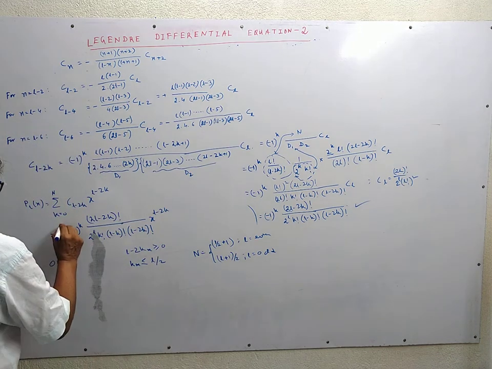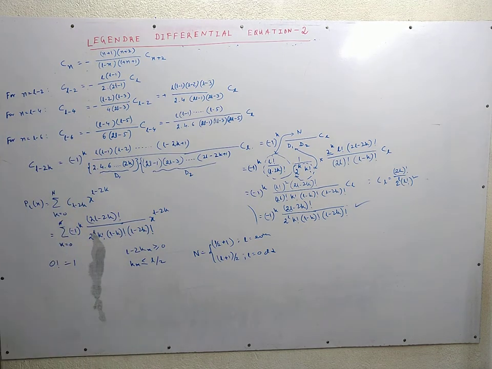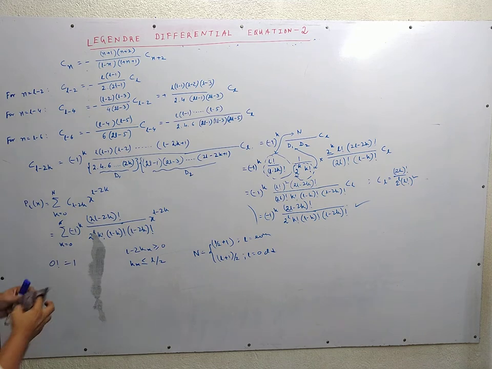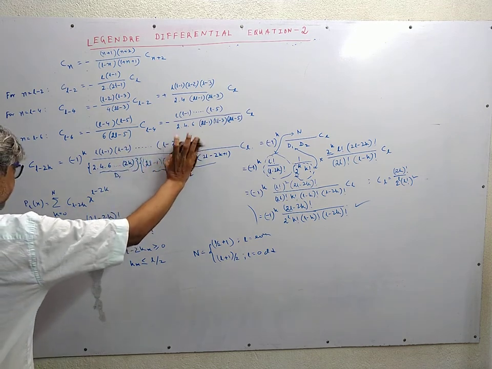So the range is this. Let me work out a few simple low order Legendre polynomials using this series.